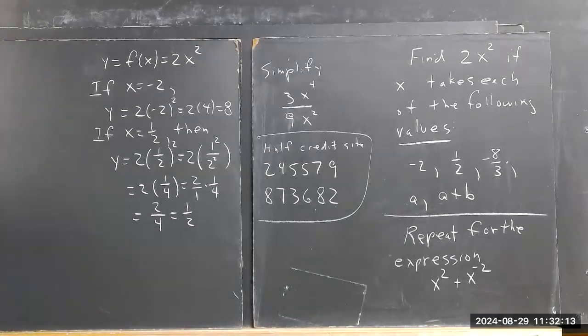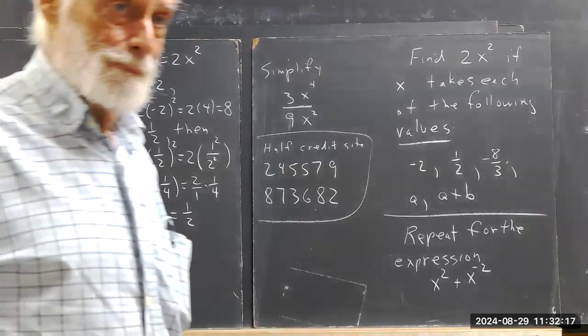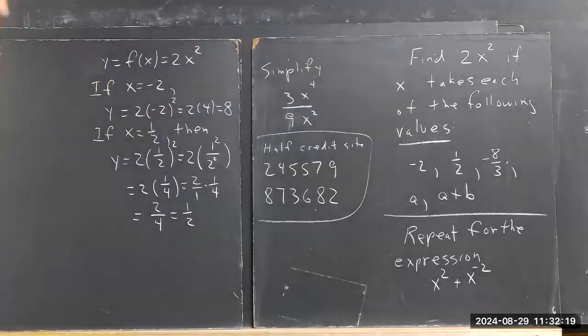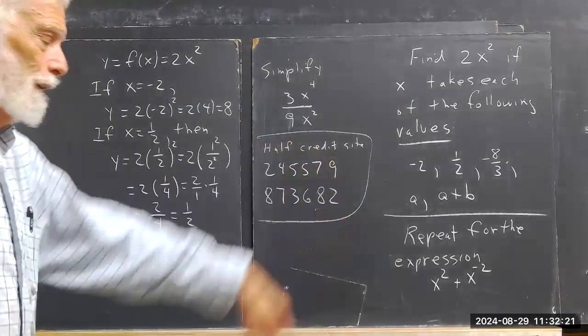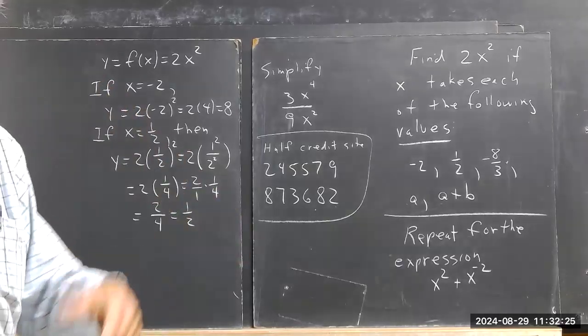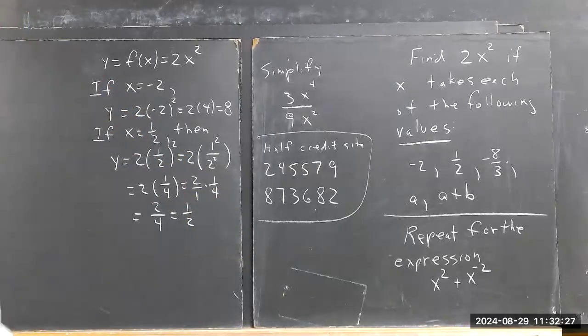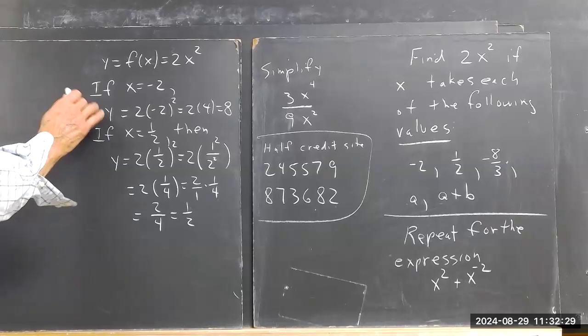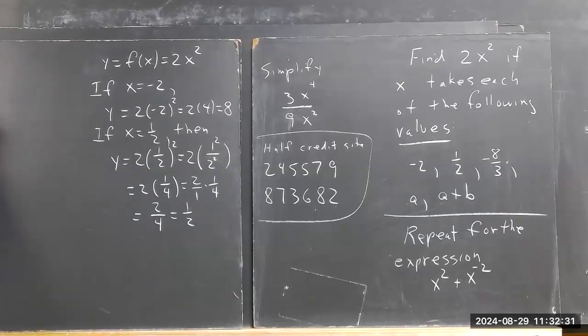Now, I'm going to write these out using function notation, because I want to use function notation to solve the rest because it's more efficient. And that gives you one reason for understanding function notation. So here I'm going to say the same thing I said over here, but it's going to be shorter.